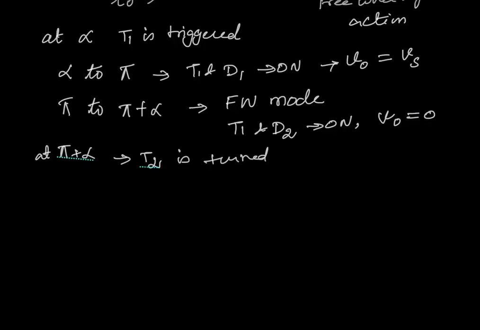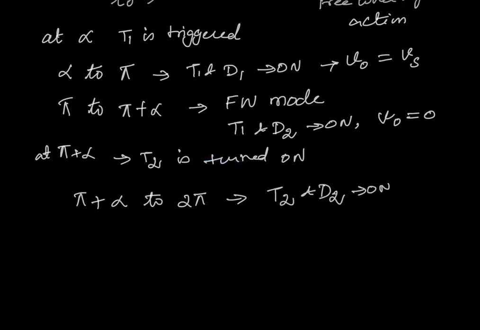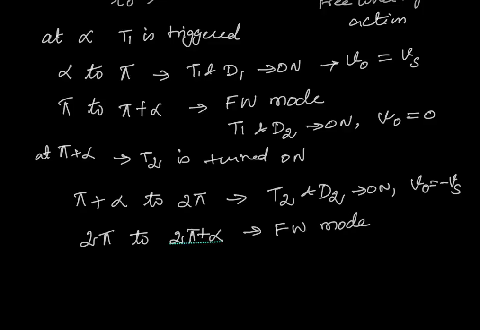Once T2 is turned on at pi plus alpha, from pi plus alpha to 2 pi, we have the conduction of T2 and D1. Hence, V0 will be equal to minus Vs. And from 2 pi to 2 pi plus alpha, we again have the freewheeling interval.